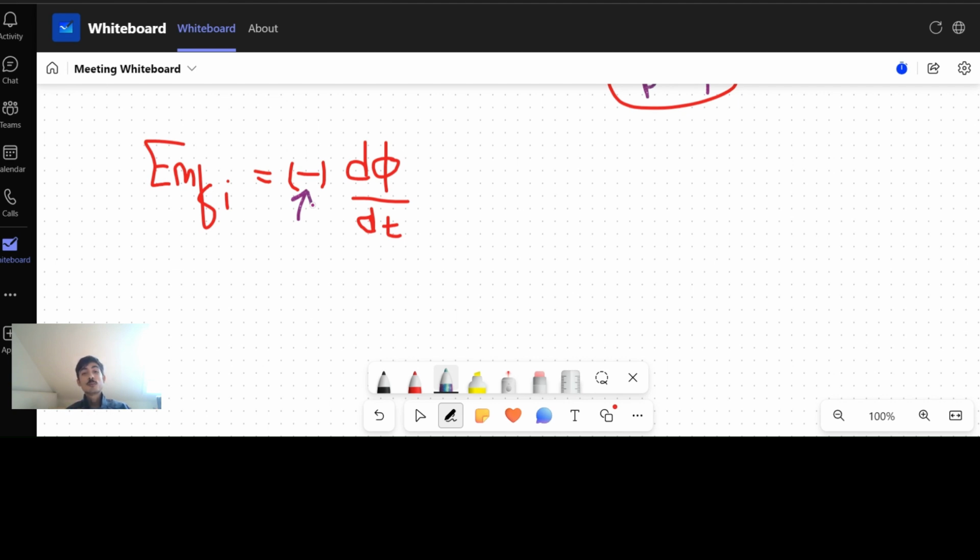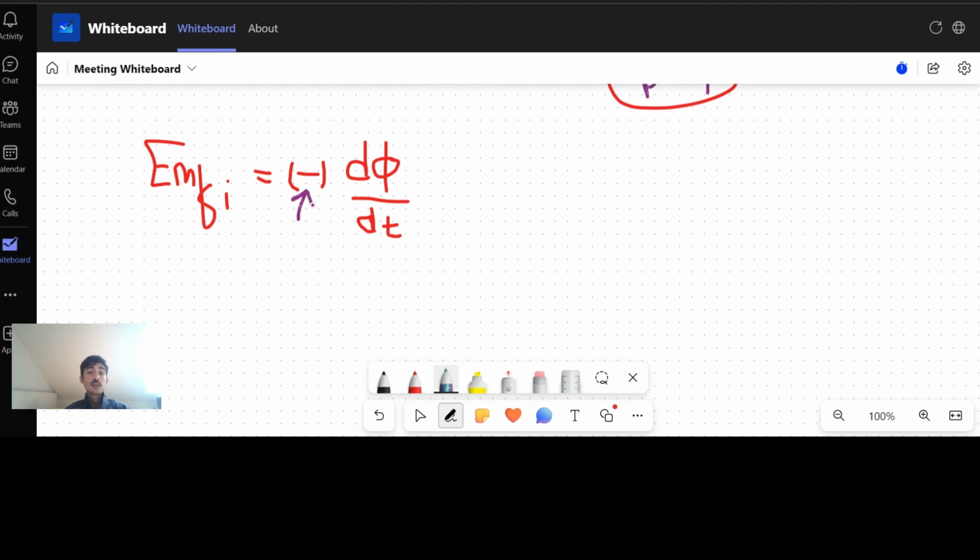It is just there to associate with Lenz's law. Even if you ignore the minus sign, you will know which direction the current is going, but just to be mathematically correct, it is kept there.